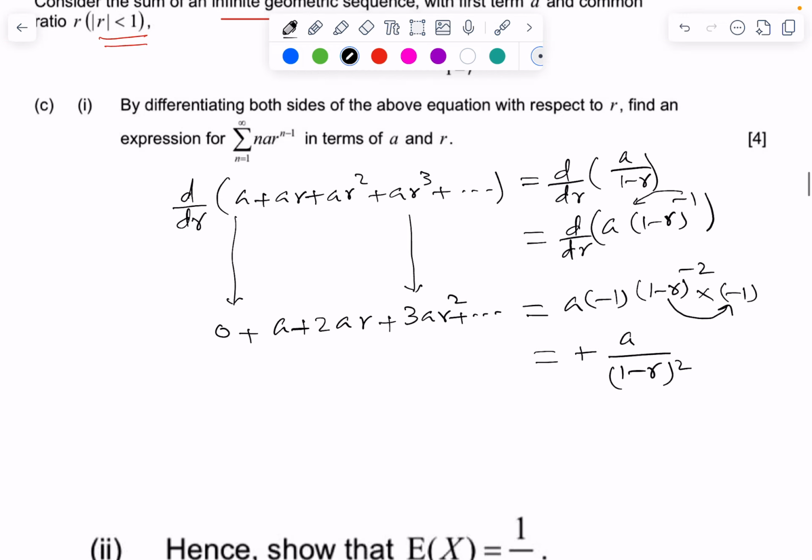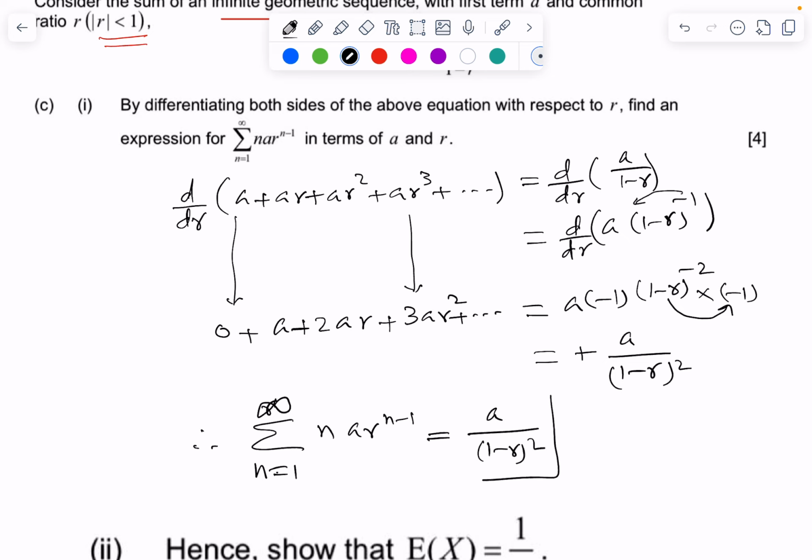So therefore the sum from n equals 1 to infinity, this is an infinite geometric sequence, of n a r to the power n minus 1 is going to be equal to a upon 1 minus r, bracket square.